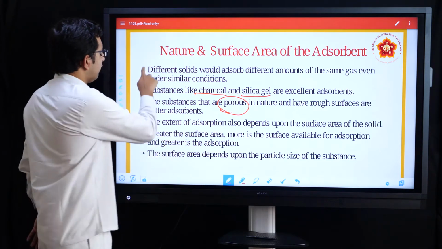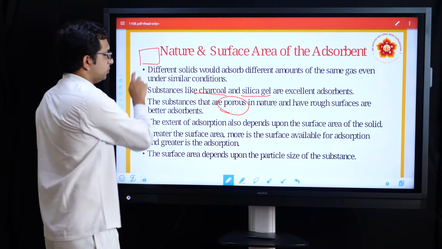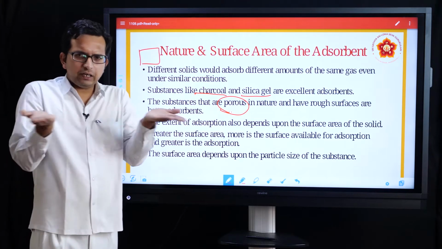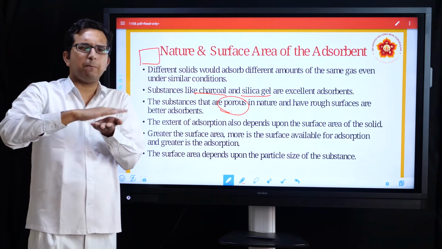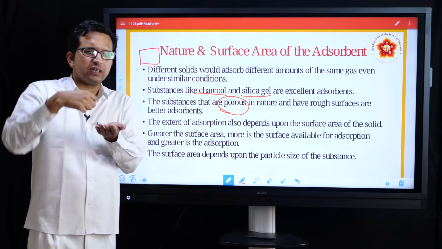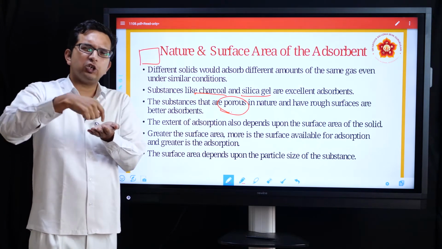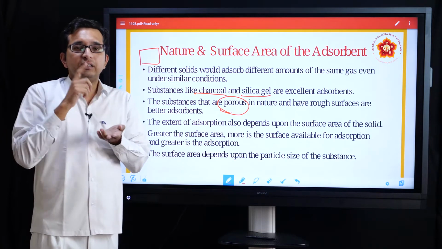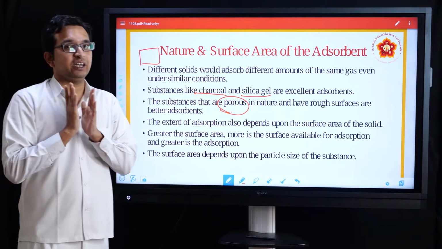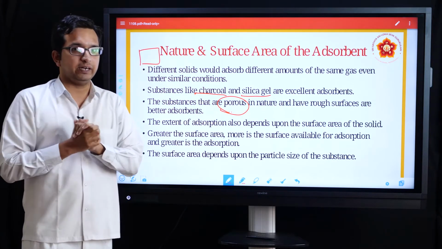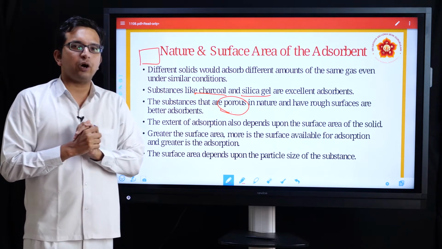So suppose you have a solid layer which is present. If it's completely solid, then the area for adsorption is some minimum. But if pores are there, pores essentially means small holes. This you actually come across in interstitial compound study in the D and F block elements. If you can just revise that. So what were those interstitial compounds?